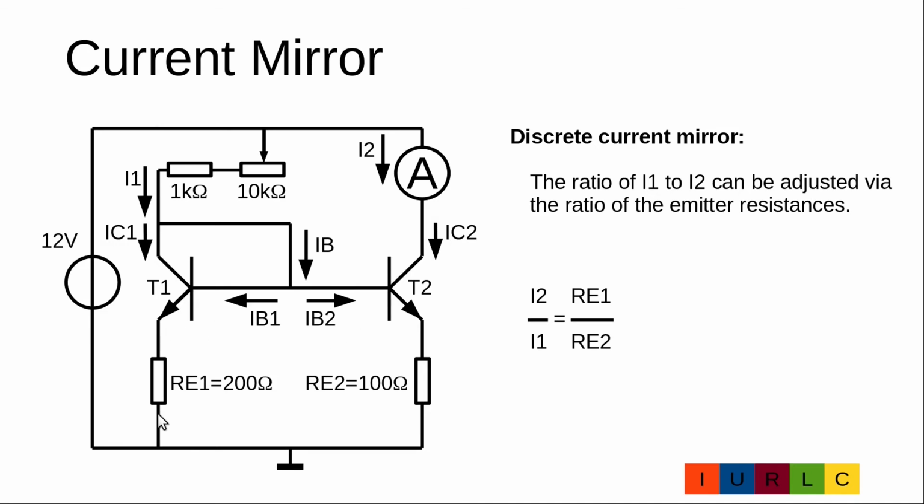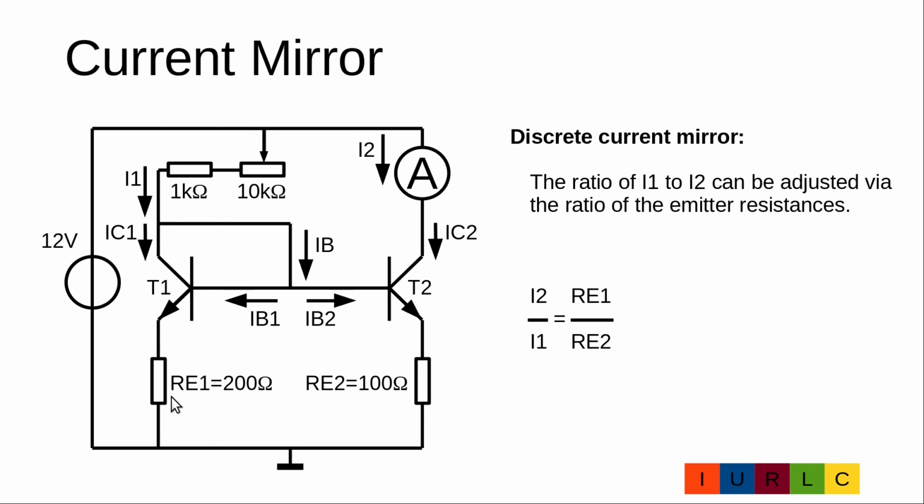With the two emitter resistors, we can also adjust the current ratio of I2 to I1. If we, for example, use here a 200 ohm resistor and here a 100 ohm resistor, then due to the design of the current mirror, the voltage here is nearly the same as this one, so the current on the output side is twice the current of the input side.